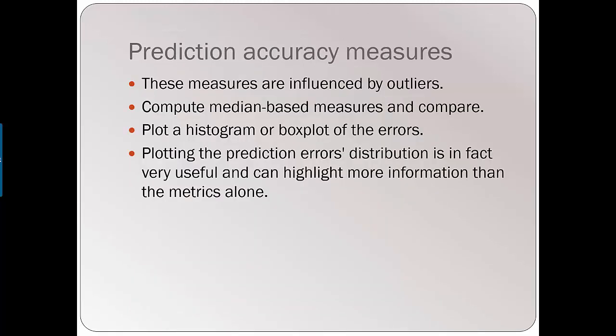Now, when we look at prediction accuracy measures, sometimes they are unduly influenced by outliers. Outliers are values that fall way beyond the normal set of values. Say, for example, if the normal range of values is anywhere between 1,000 and 2,000, suppose we have one or two values that are like 15,000, way above, or $3 or $4, way below.